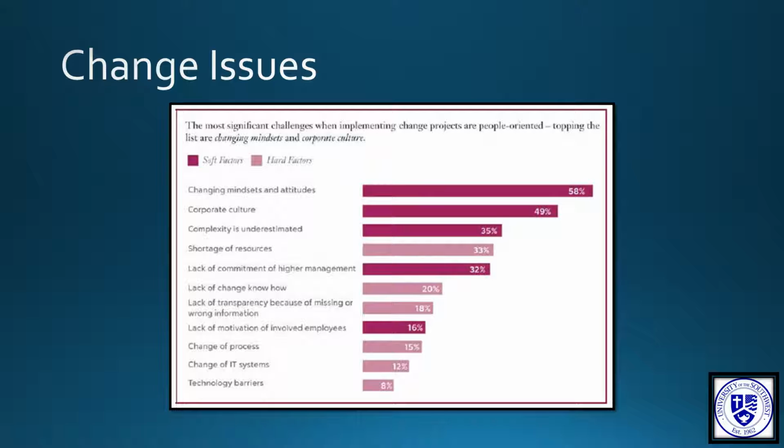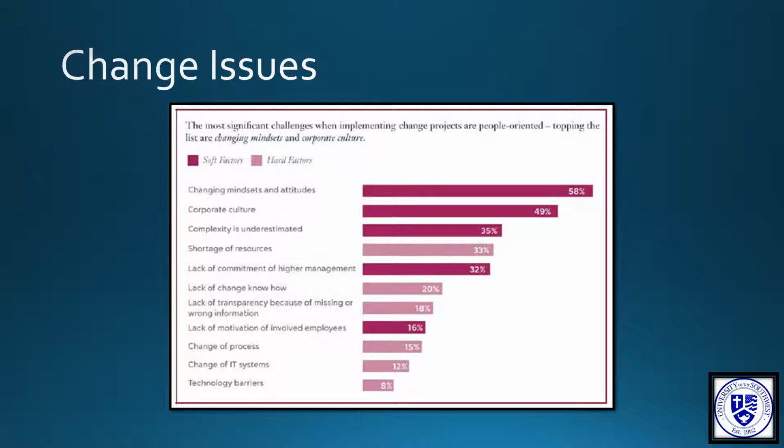They're going to involve people. So anytime you're dealing with people within your organization, these are some of the change issues that we're going to come across. And you'll see that the top two are changing mindsets and attitudes and corporate culture. And those two go hand in hand.